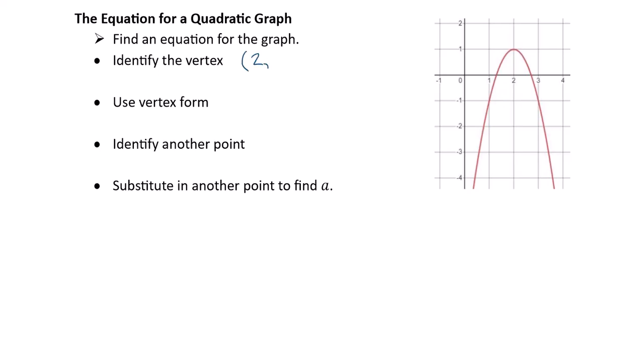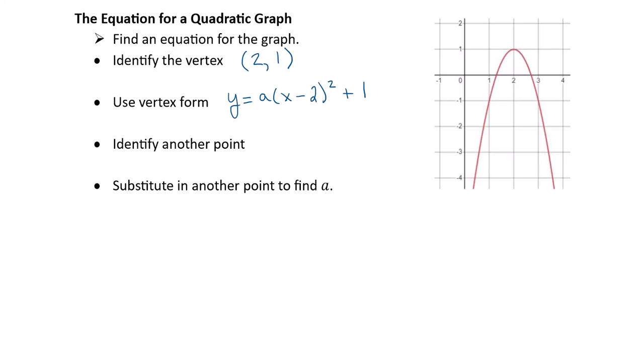It looks like our vertex is 2, 1. And we can use that and use the vertex form. Remember, vertex form is y equals a times x minus h quantity squared plus k. But I know my h is 2, and I know my k is 1.